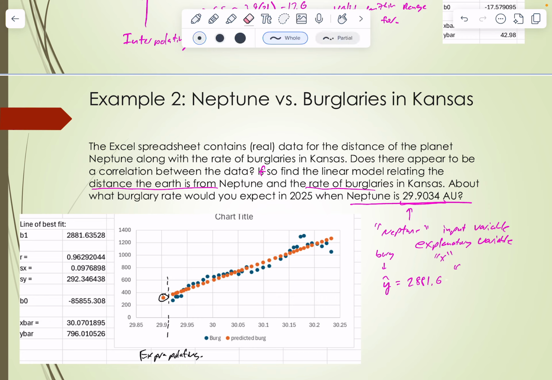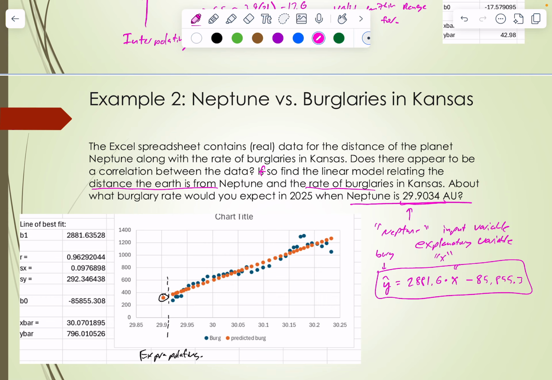Okay, so about like that. Times x minus 85,855.3.